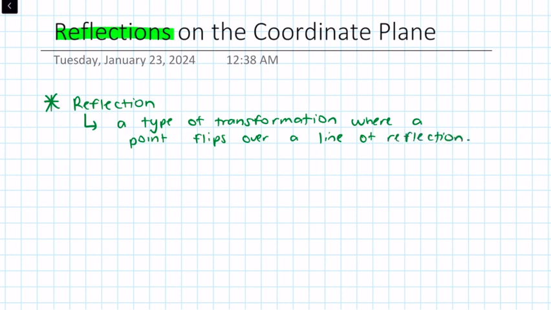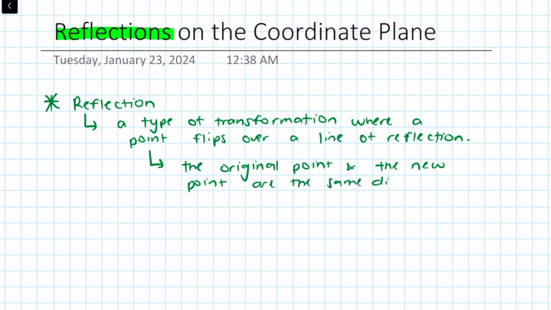And as a result of that, you want to see that the original point and the new point are the same distance away from the line of reflection.